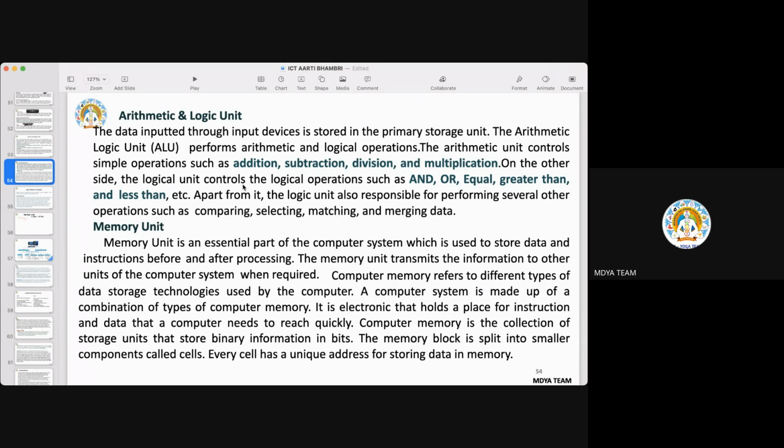operations. Logical operations mean and, or: if this is happening, this and this is happening, or you can say A or B is there. So there are certain flow charts which have different sections, which are to be combined and which are to be ignored. These operations are done by the ALU.